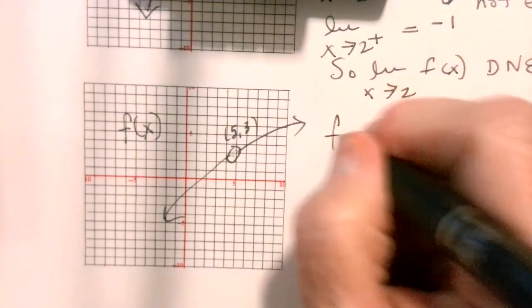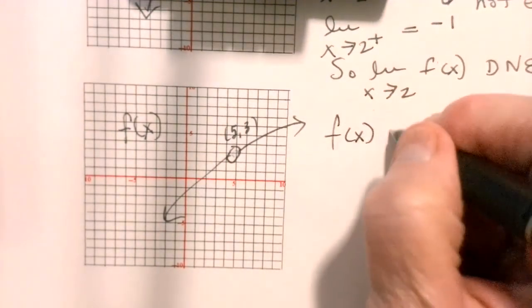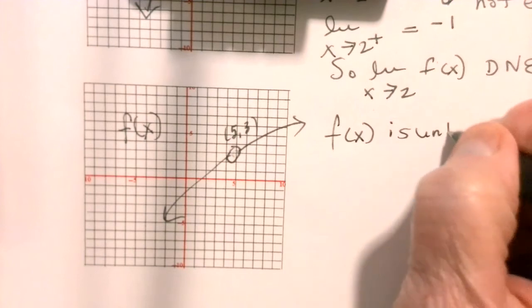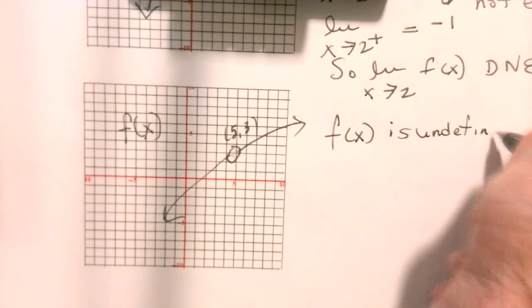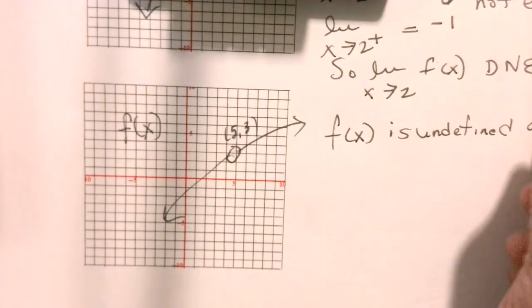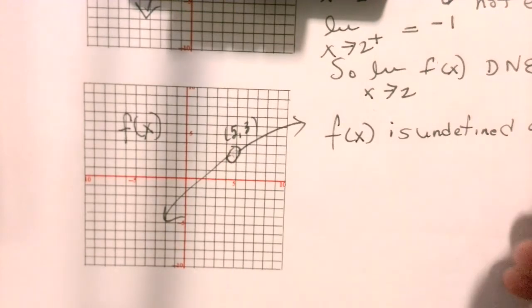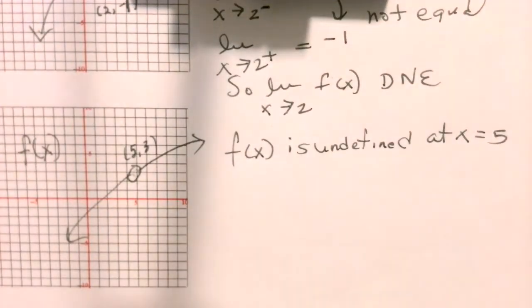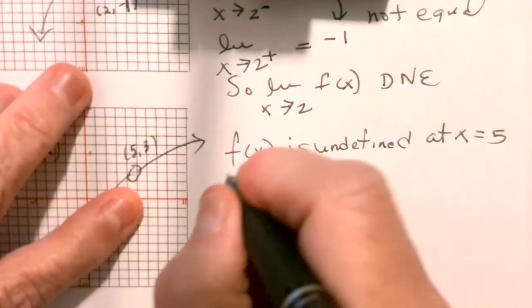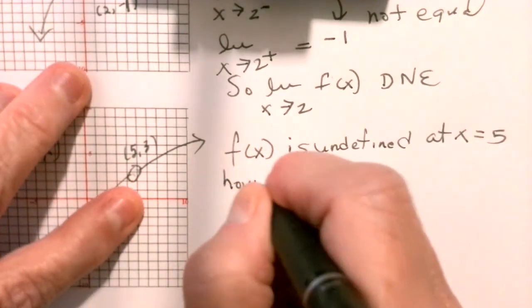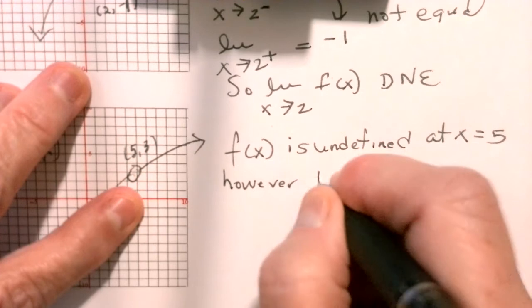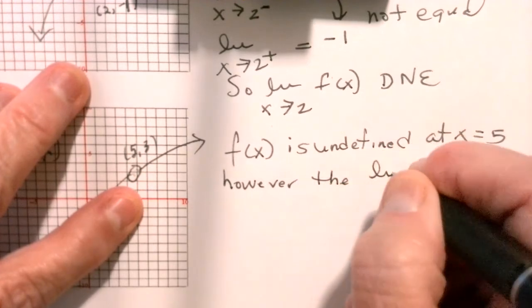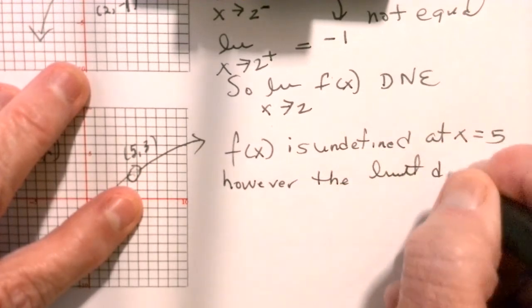So f of x is undefined at x equals 5. However, the limit does exist.